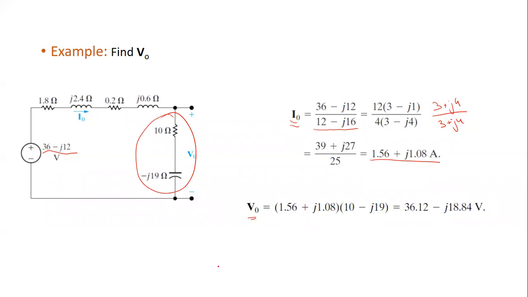So V0 is equal to this current, 1.56 plus J 1.08 multiplied by the impedance, which is 10 J19. And this will be the voltage across this impedance, which is V0, which is required to be found in this circuit. Any questions, please?